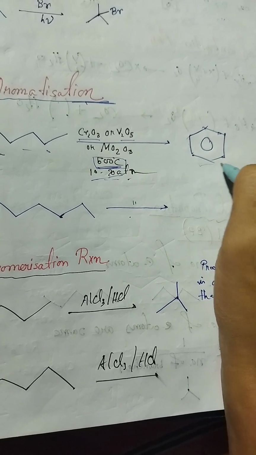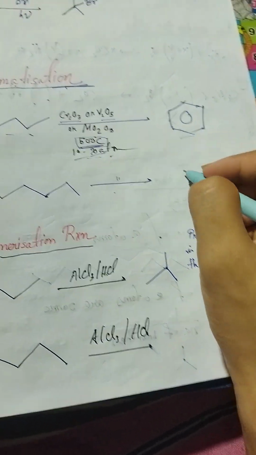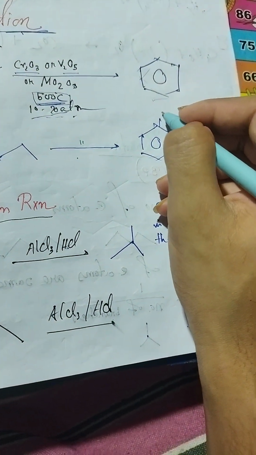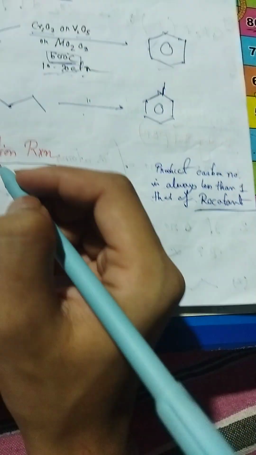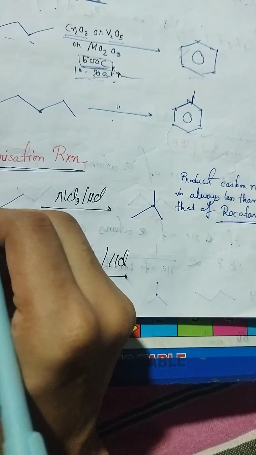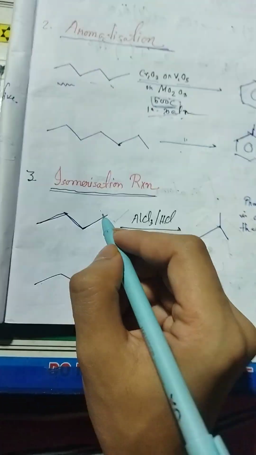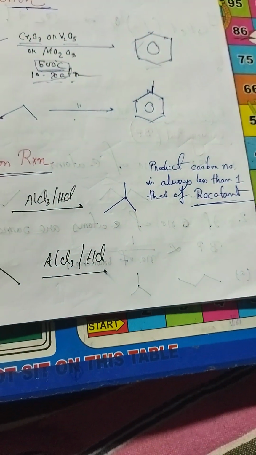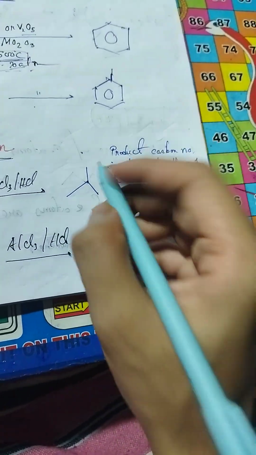The product is benzene, and in this case the product is benzene and methyl. What is isomerization reaction? If 4 carbon is in the reactant, react with AlCl3 and HCl, the product is always less than the reactant, minimum 1 carbon.